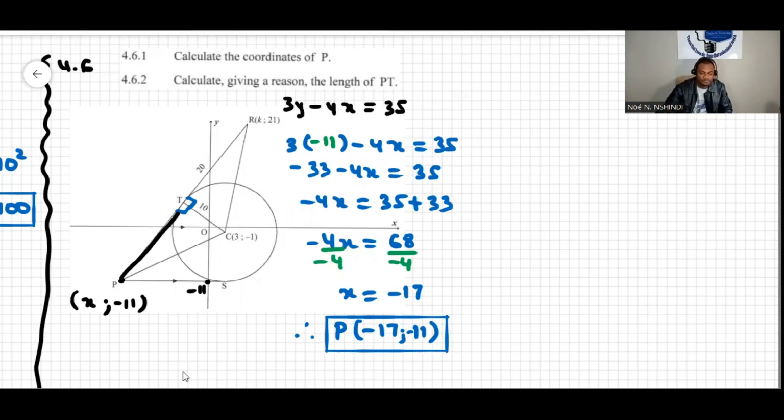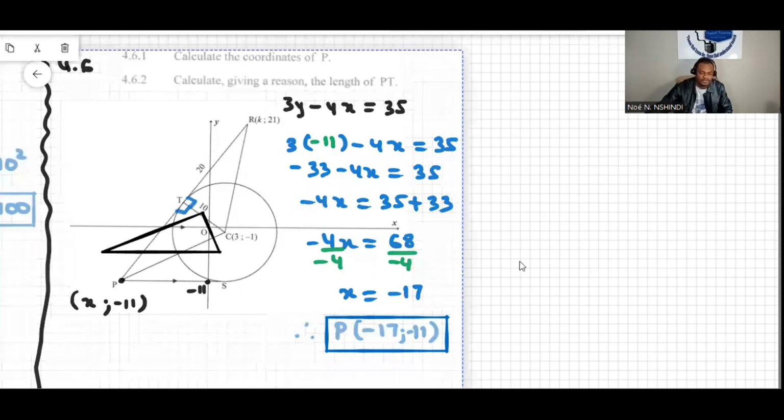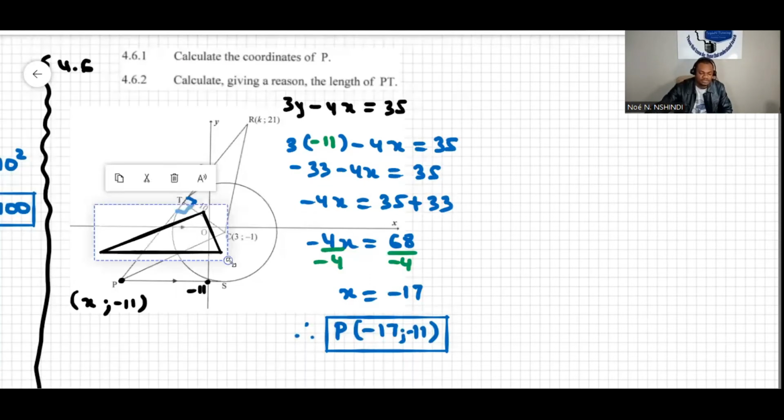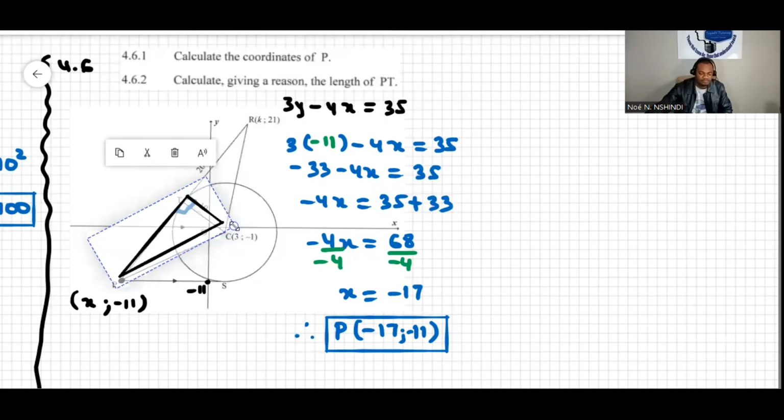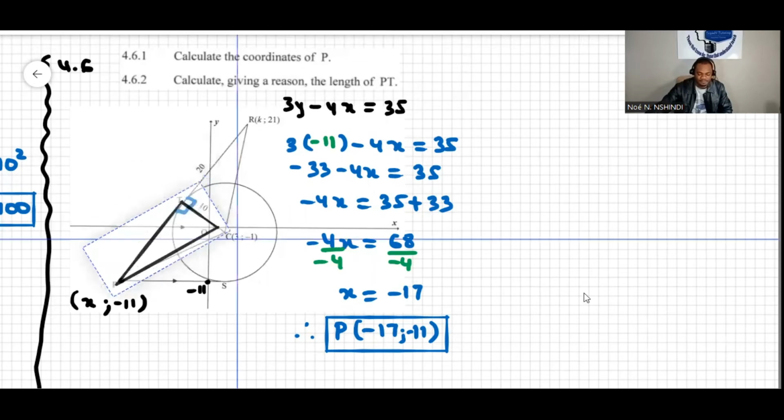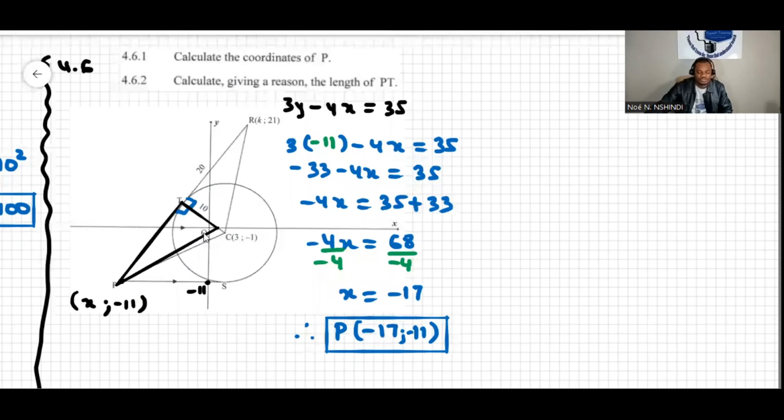So this forms another right angle triangle here. Okay, we have this right angle triangle over there.